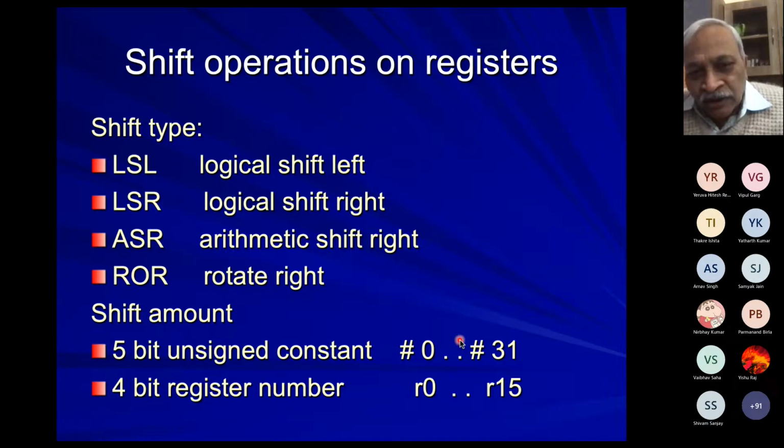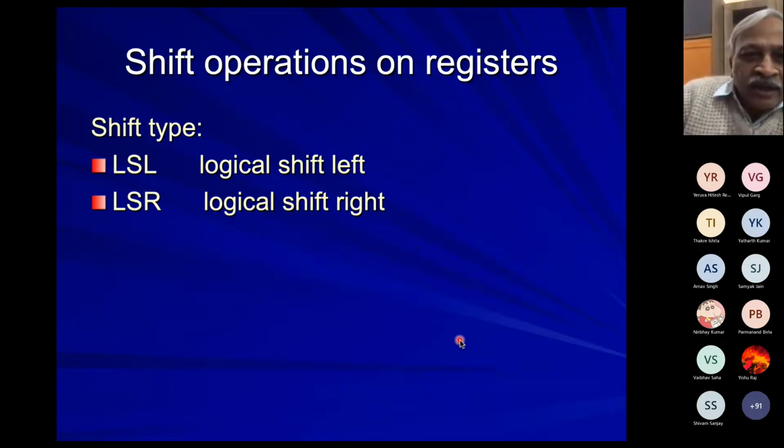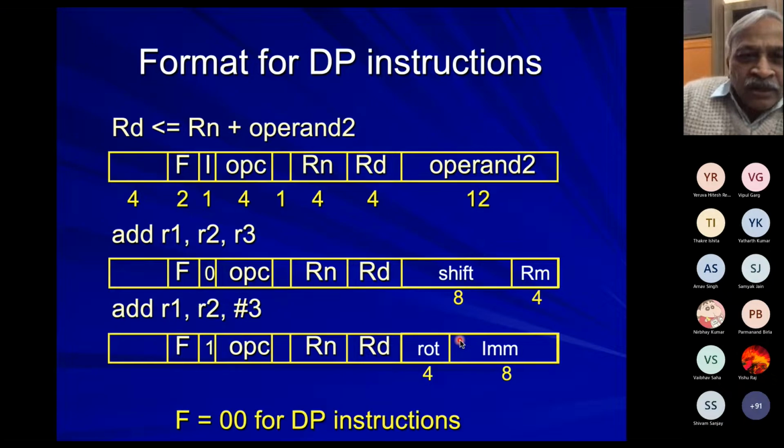If you want to do the shift operation on the result, suppose you performed an addition without any shift. You added A and B. Now you want to shift the result. So you can use a move instruction, like the add instruction. The move instruction would basically be move operand 2 to RD. With operand 2 you can specify shift.